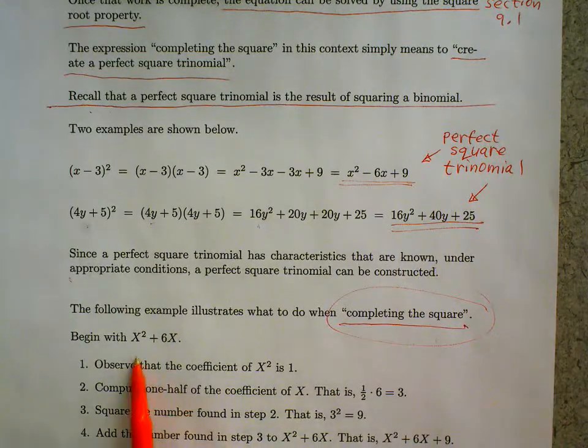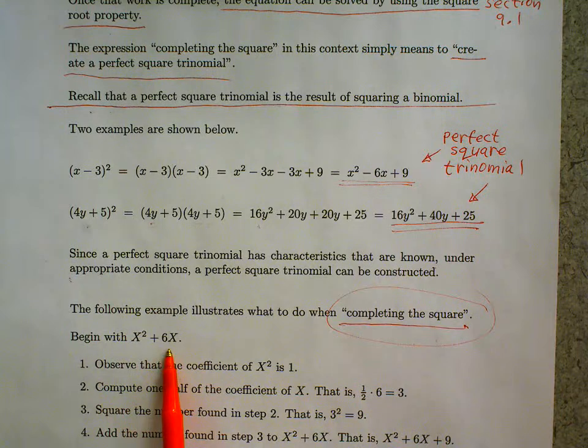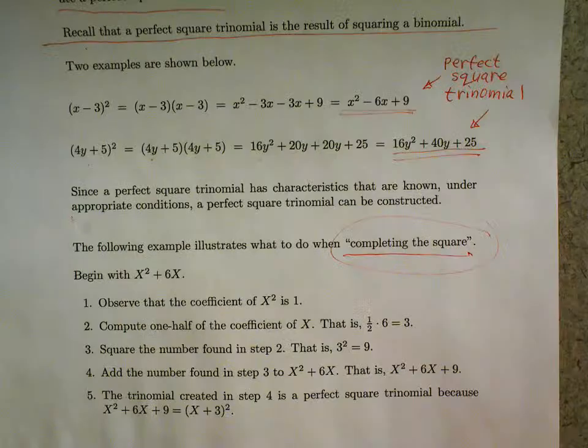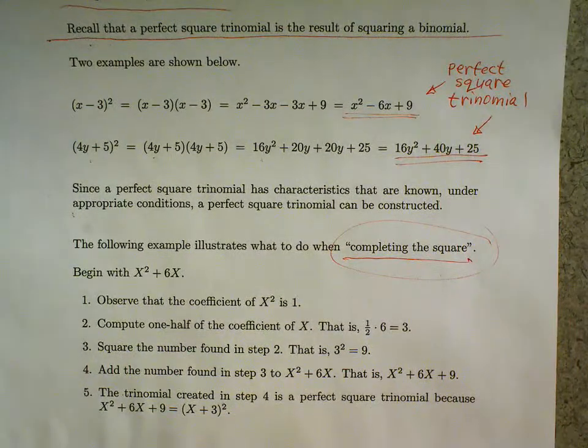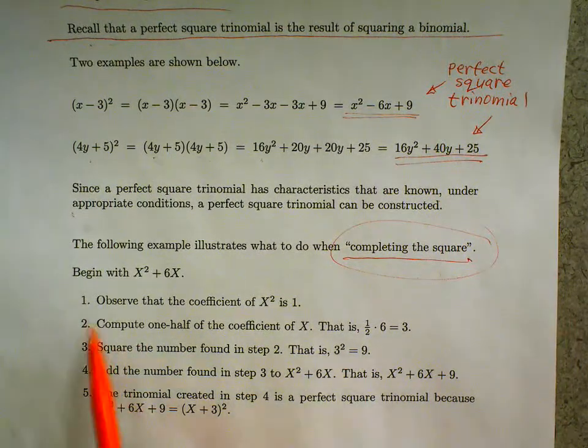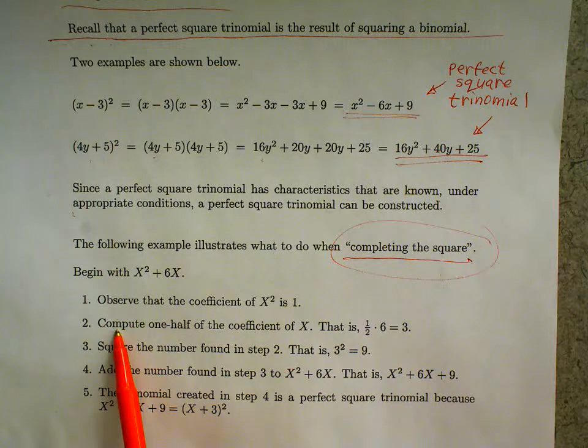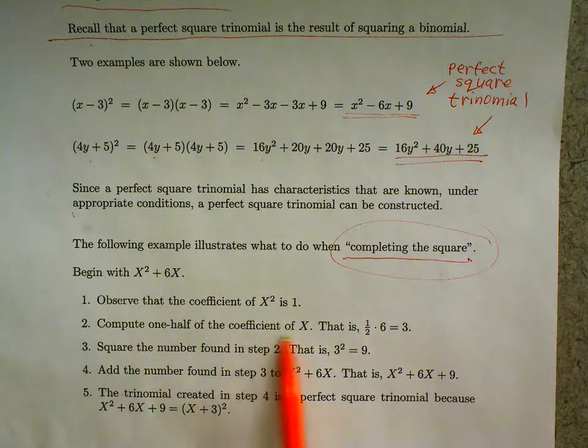In this example, we begin with x squared plus 6x. In step 1, observe that the coefficient of x squared is 1. Then we compute 1/2 of the coefficient of x.